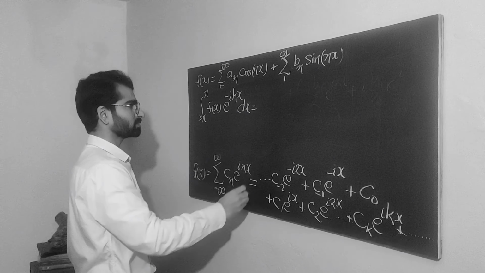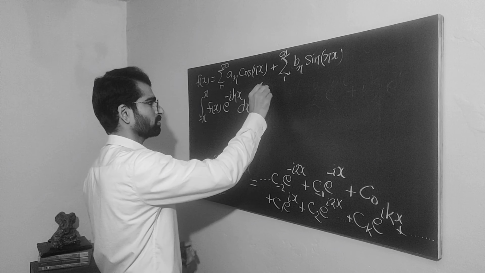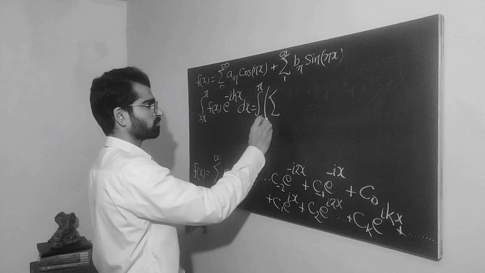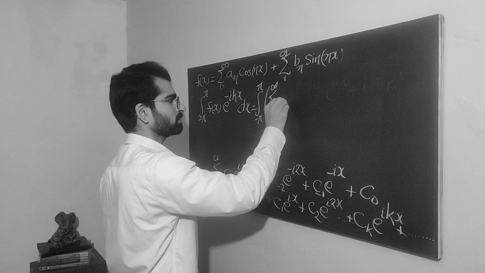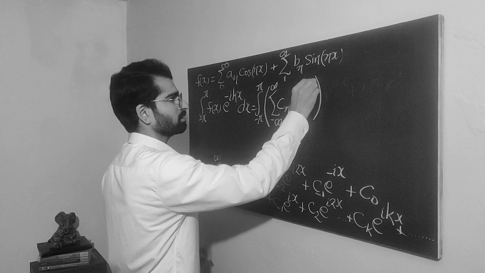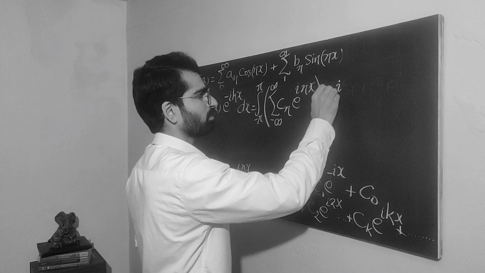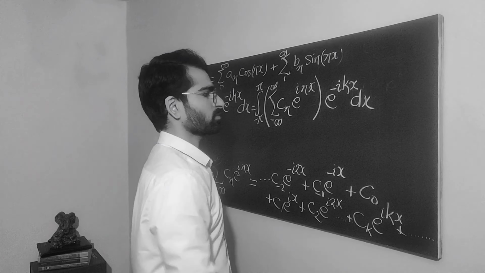The summation from negative infinity to infinity, Cn's times e to the inx, and I multiply with this e to the minus ikx dx.